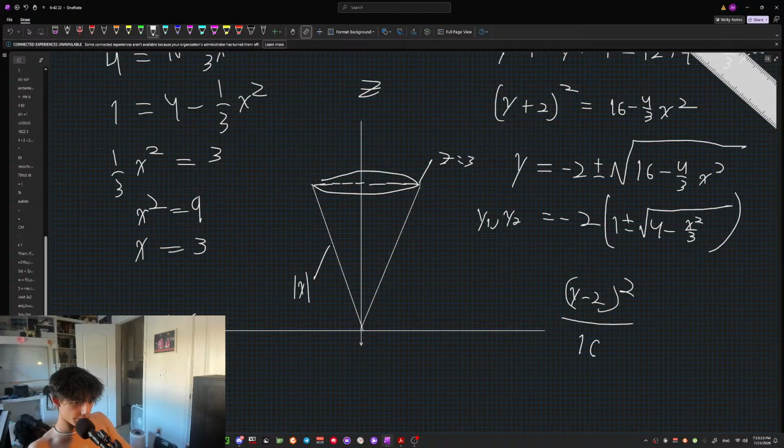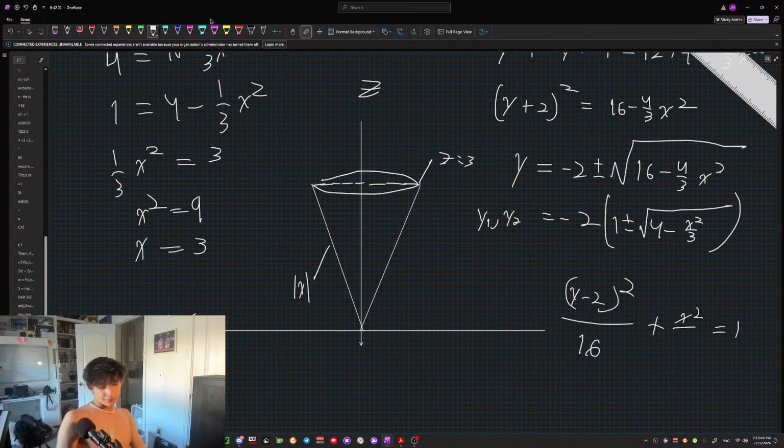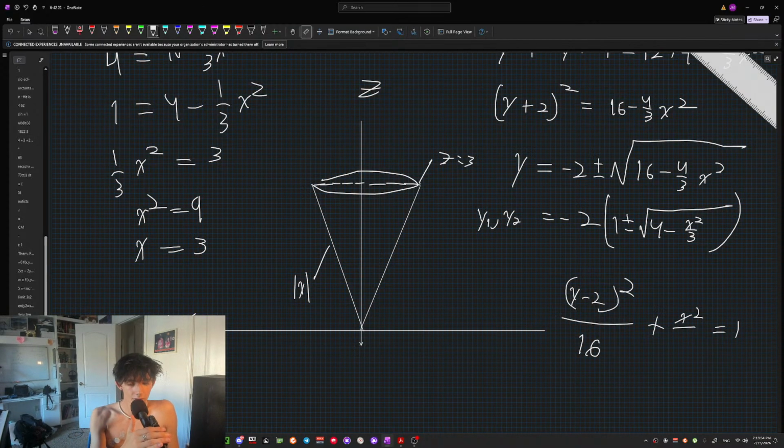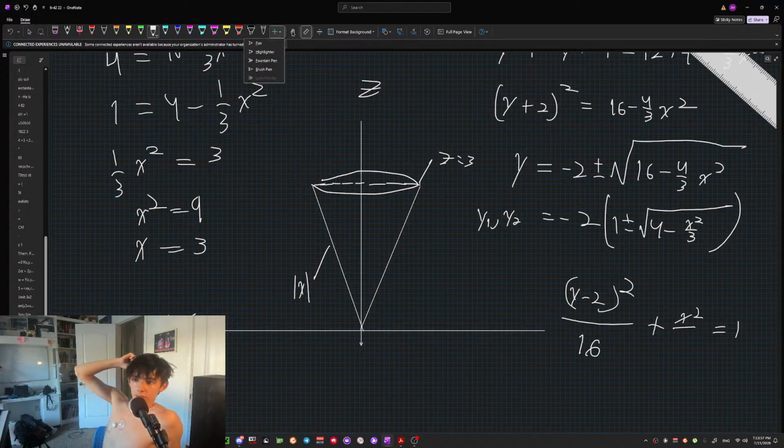No, it extends out to be 4, but we put 16 in here. What is x? I don't know.